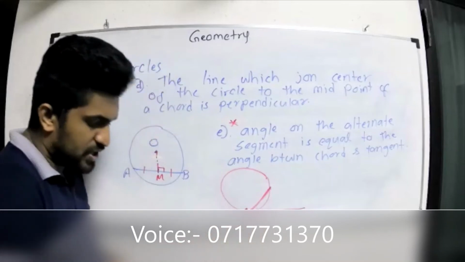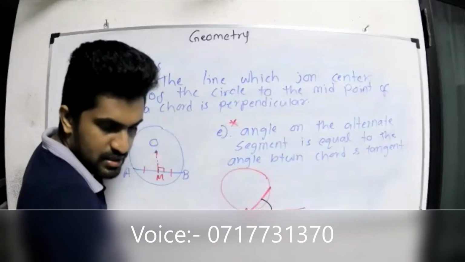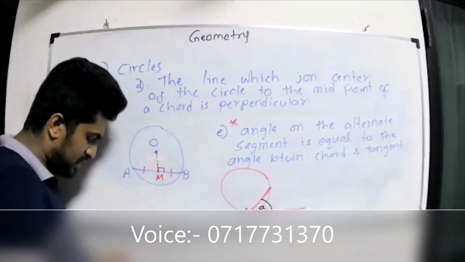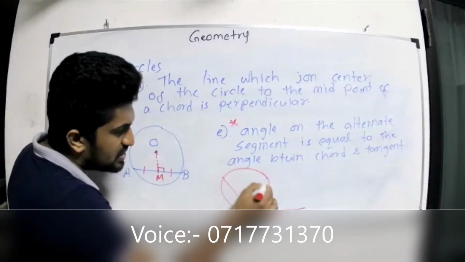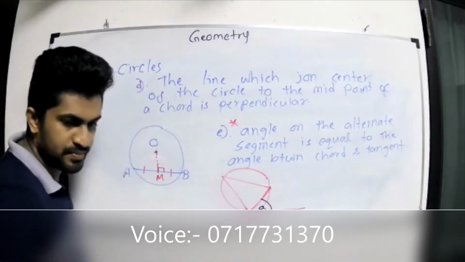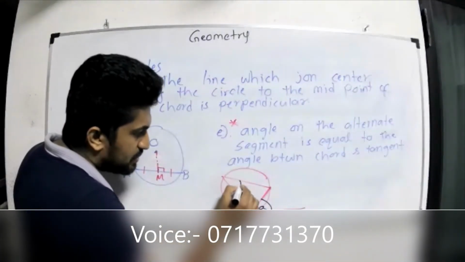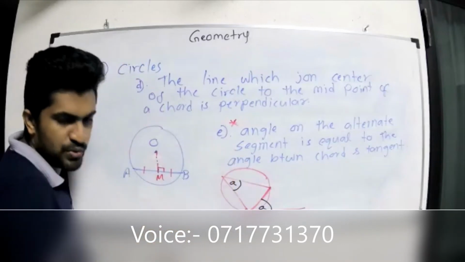The angle between this chord and the tangent, if this angle is A, is equal to the angle on the alternate segment. Means if I draw a triangle to this chord, the angle on the alternate segment is equal. That means these two angles are equal.